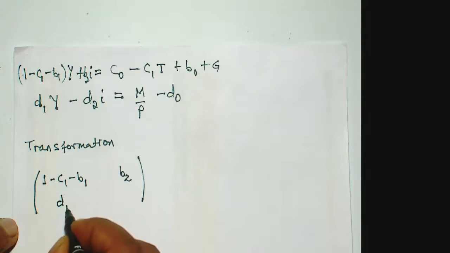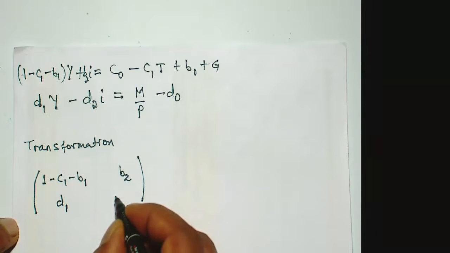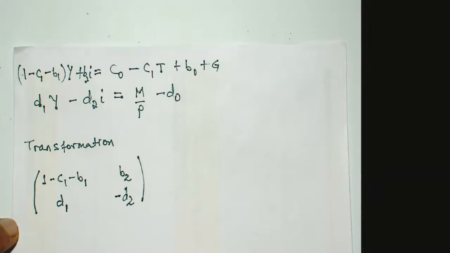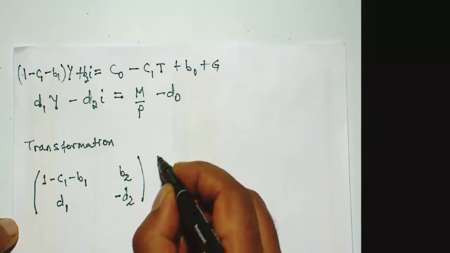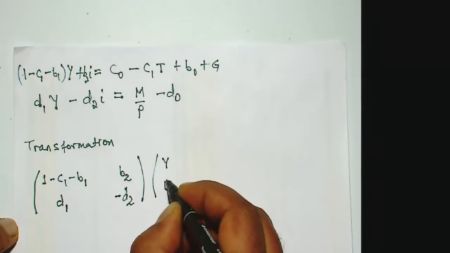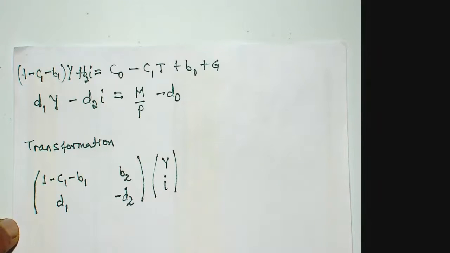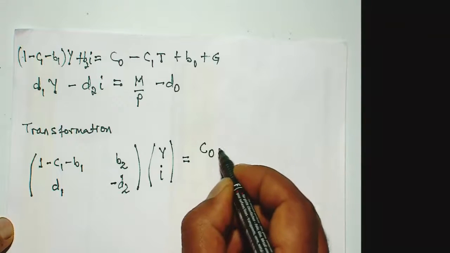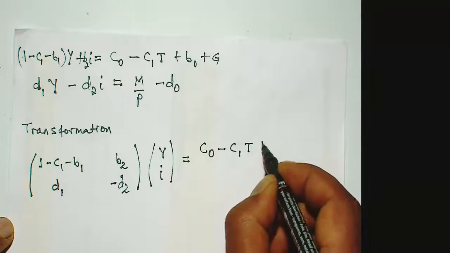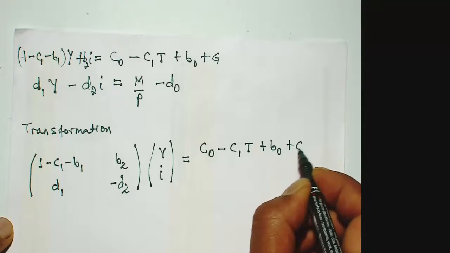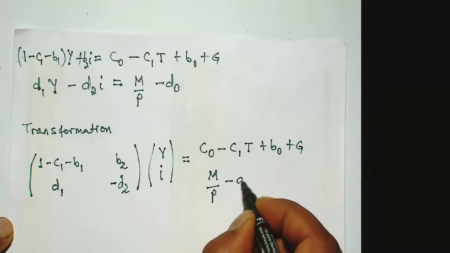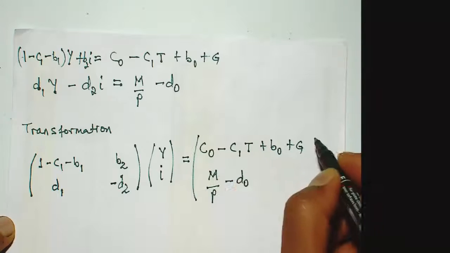Similarly, we would have D1 as the coefficient of Y in our LM curve, and minus D2 as the coefficient of I in our LM curve. We still have Y and I in this case, and this would give us the matrix of C0 minus C1T plus B0 plus G, which is again followed by the IS curve, then the LM curve.